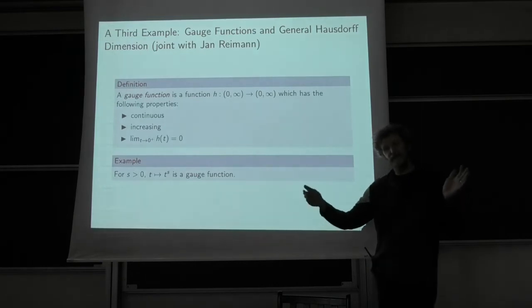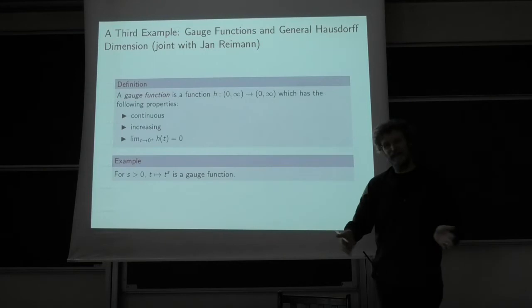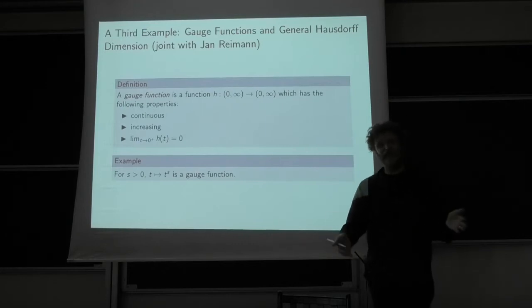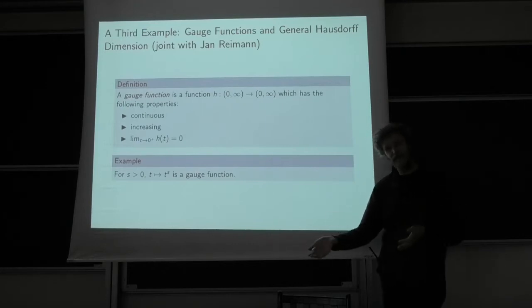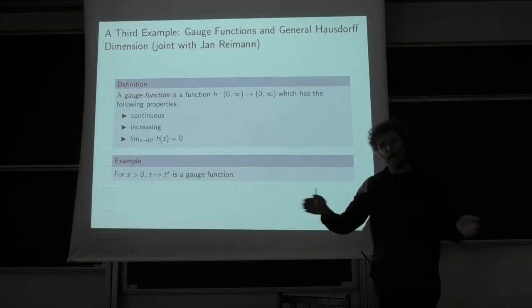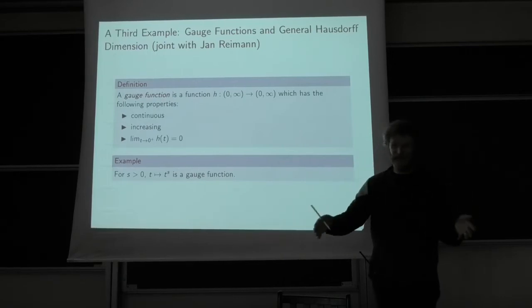If it's a subset of the plane, the Lebesgue measure gives a basic open ball a measure of size that's proportional to the radius squared of the ball. Instead of using the square, you can use any power between 0 and 2. If you use power 1, that's linear measure.